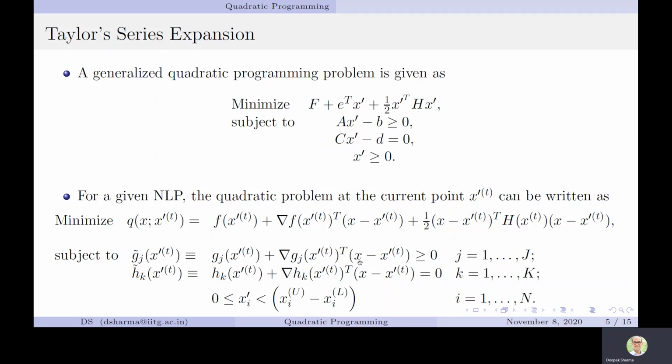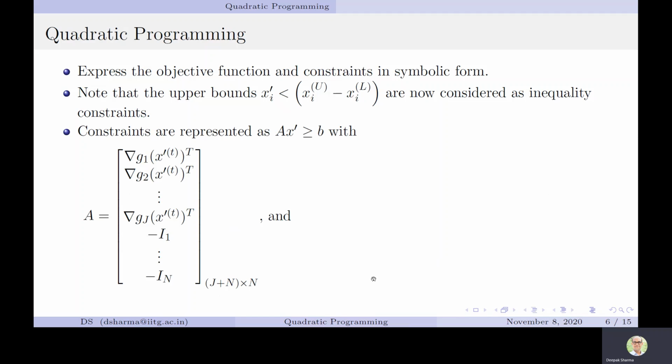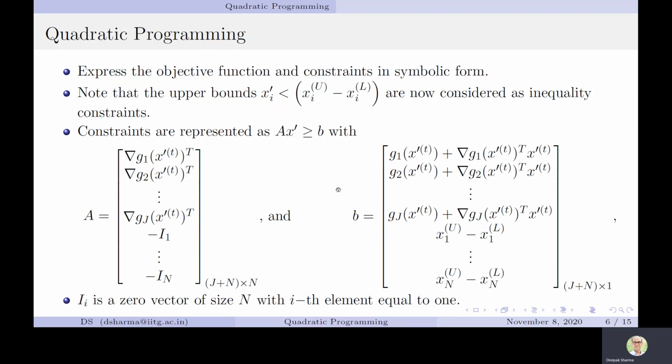So therefore, you can see with inequality and equality constraint, this x and x prime will be the part of gradient of G and gradient of H. So that way we have identified A and B. Here you have to do handwork. You perform some hand calculation, then it will be easier to have this kind of representation.